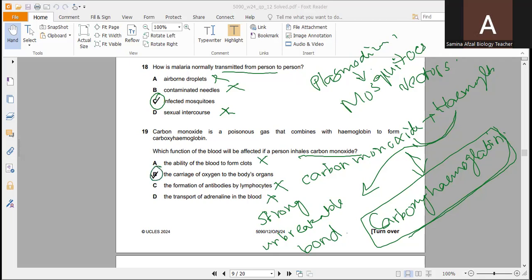That is, the carriage of oxygen to the body organs will be affected because the hemoglobin will not make a bond with the oxygen, as it has made a bond with the carbon monoxide, which is an unbreakable bond, due to which the hemoglobin will be unable to transport the oxygen. So B is the correct option.